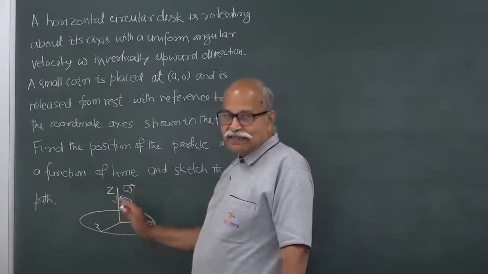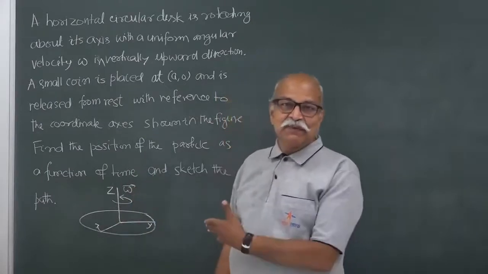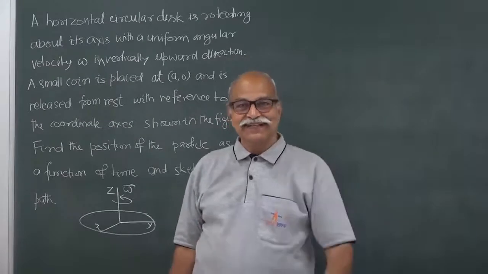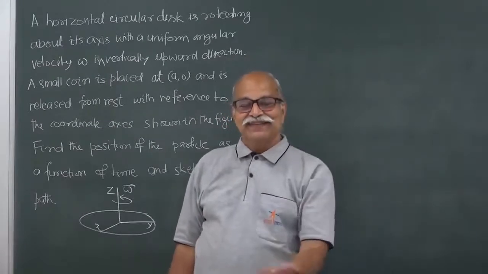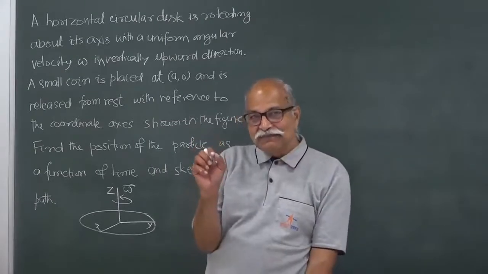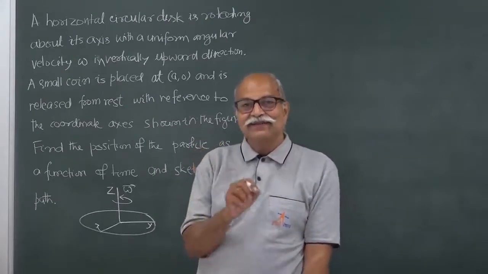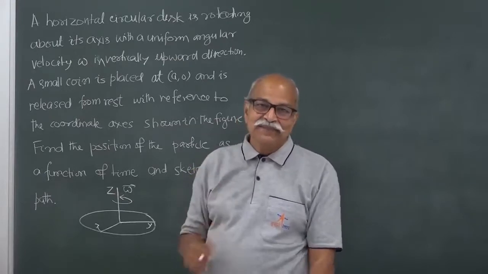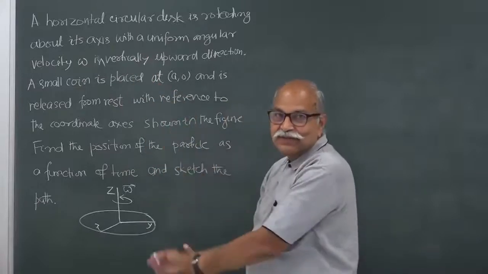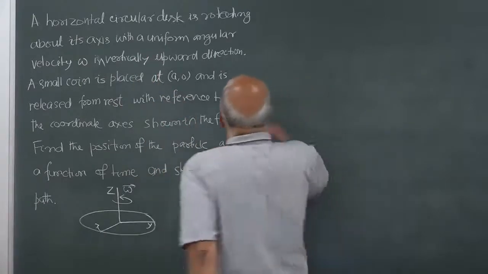Now, you remember this was the live demo that I gave. We had a circular disc rotating about a vertical axis, and then we put a small black ring on the disc somewhere, released from rest, and then we saw the path. So, that is what we are trying to do in theory.